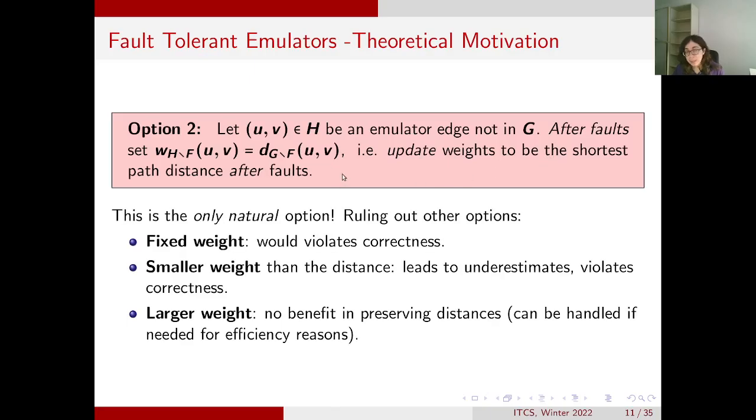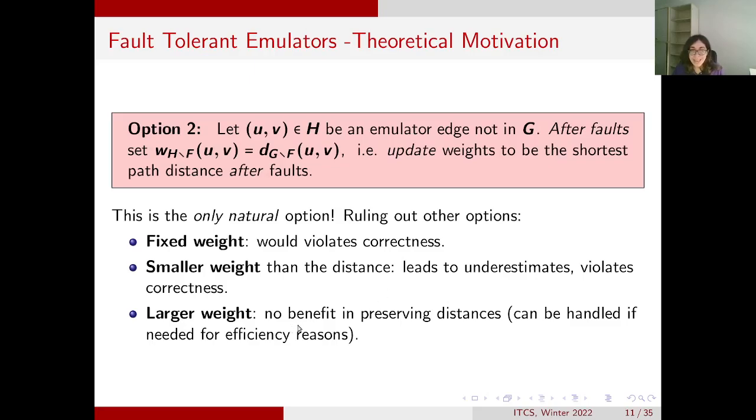And if you think about it for a minute, this is really the only natural option. Because as we discussed, if we set the weight to be a fixed weight, it could violate the correctness as soon as faults happen later. And we also can't set it to be a smaller weight than the distance after faults, because again, this will cause a correctness issue. It will lead to underestimates.